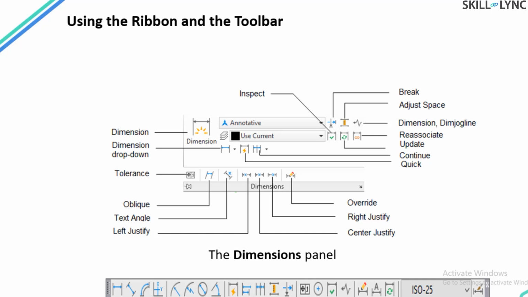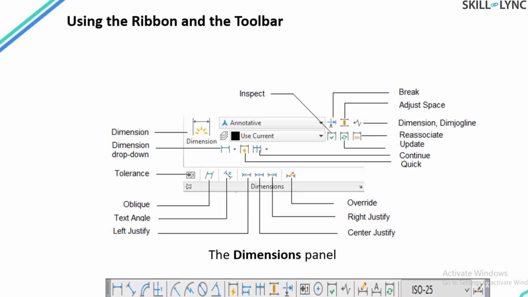Then we talked about the dimension drop down, and tolerances are for when we are doing a machining kind of thing. We have geometric tolerances, we can give the geometric tolerances. Oblique dimension is when you want to incline the dimension at a particular angle. Text angle, left justify, right justify, override. So there are various tools in this dimension panel.